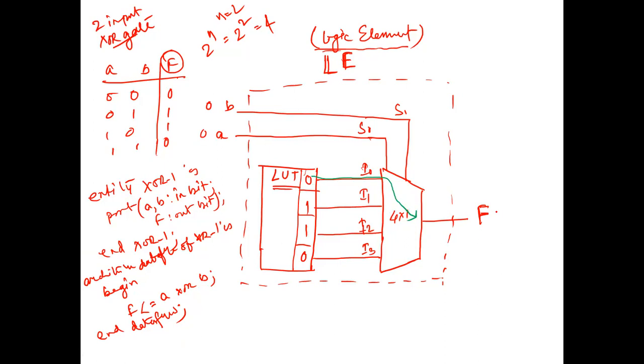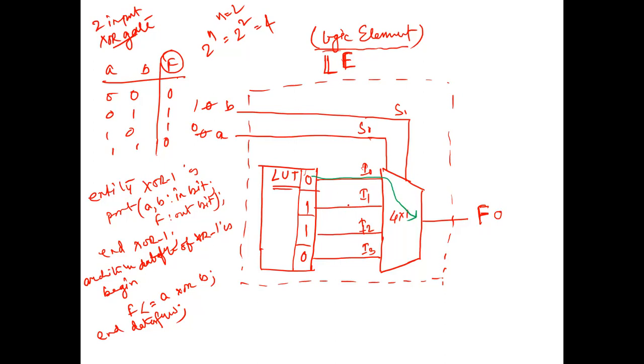So we get the answer: output is 0. What about the next? In place of A, we write 0 again, and in place of B, we write 1. What answer do we get?